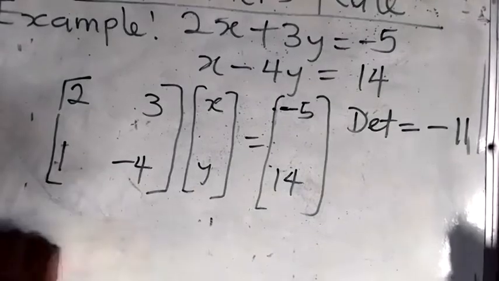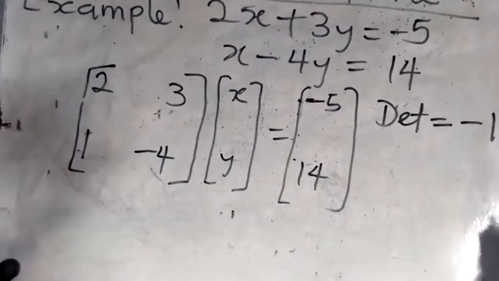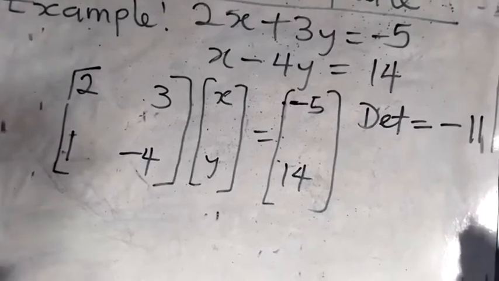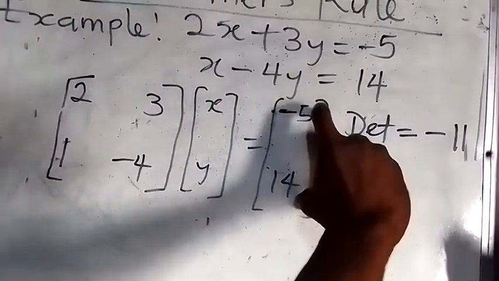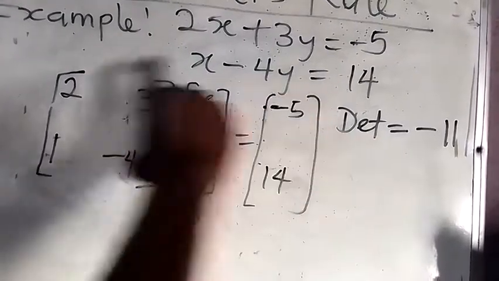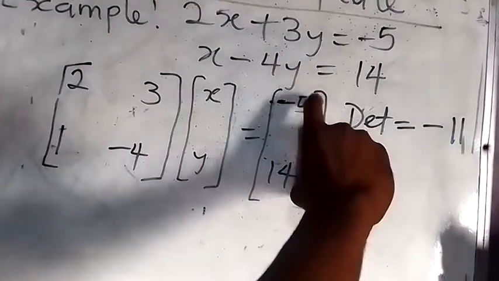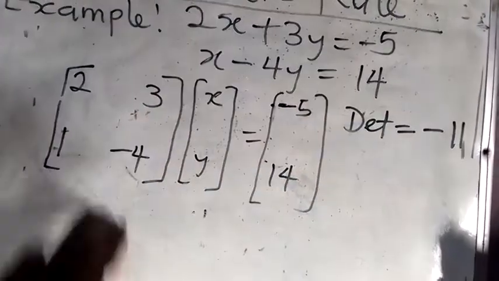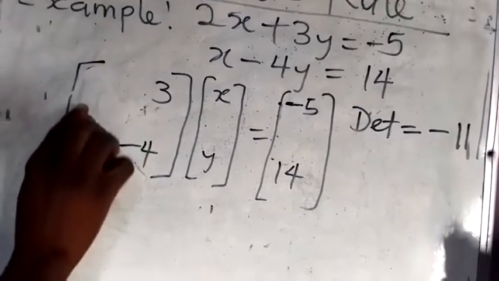After you've done that, we want to get x and we want to get y. As we all know, in simultaneous equations we have to get the two unknown values. What do you now do? After you have used this one to find the determinant, whatever you have here, you bring it here. So take this away.